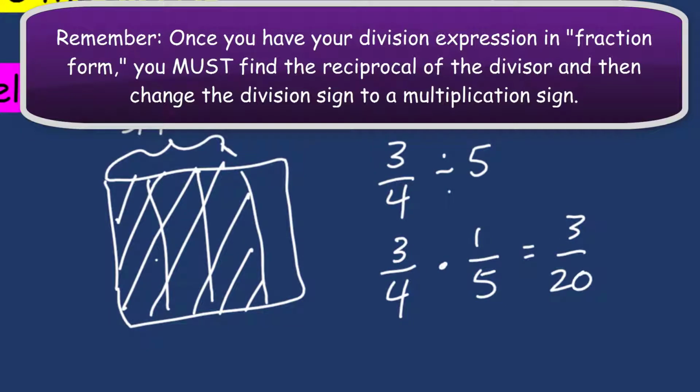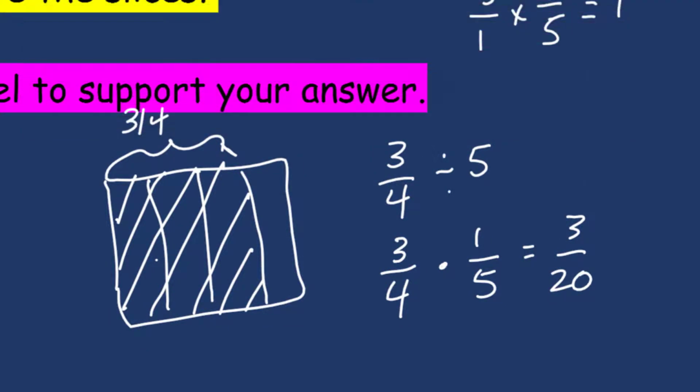So what I'm going to want to do here is divide this into 5 equal pieces. Okay, not the most equal, but there's my 5 equal pieces. And then I want to shade in 1/5 of that amount. And I see 1/5 going across here, so I'm just going to crisscross it going this way. So now this whole part represents my 1/5, and this here represents my 3/4.